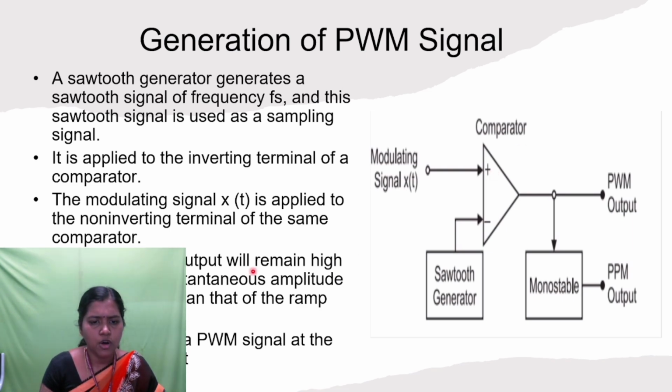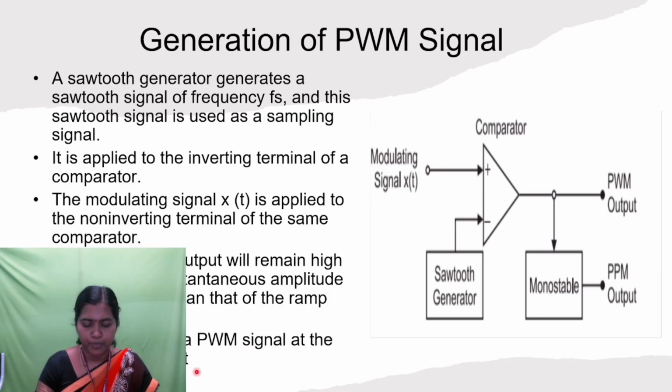The comparator output will remain high as long as the instantaneous amplitude of x(t) is higher than that of the ramp signal. This gives rise to the PWM signal, that is, the pulse width modulated signal, at the comparator output.